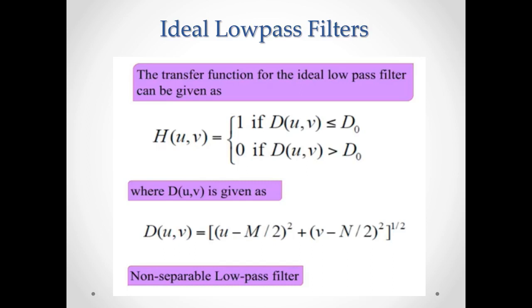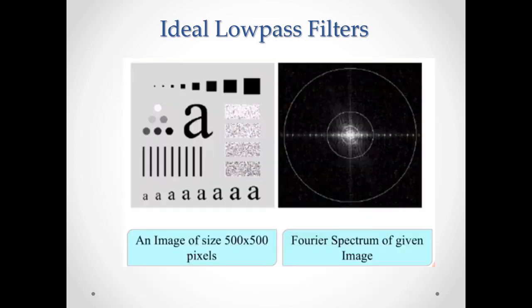Here d naught is a non-negative quantity and d of u comma v is the distance from points u comma v.